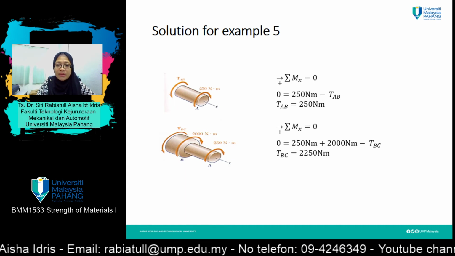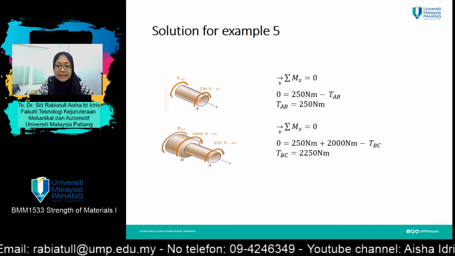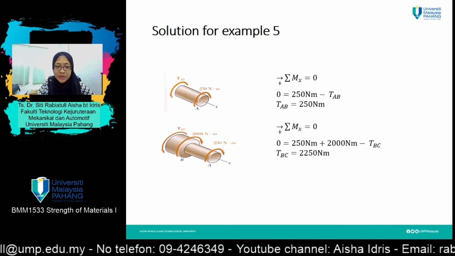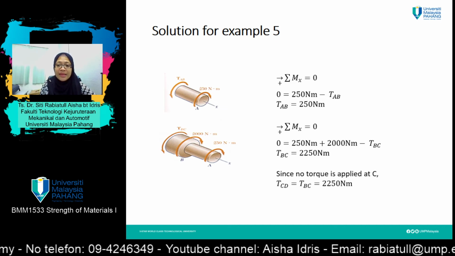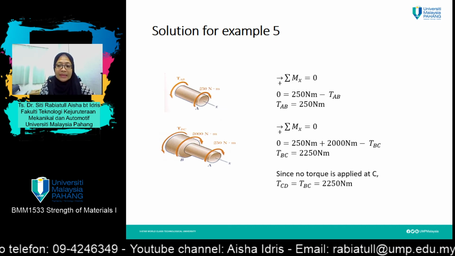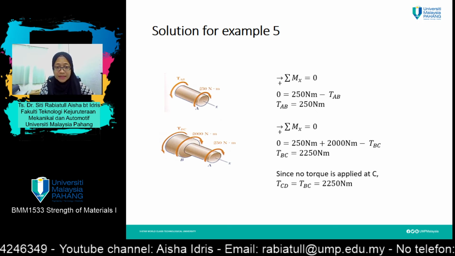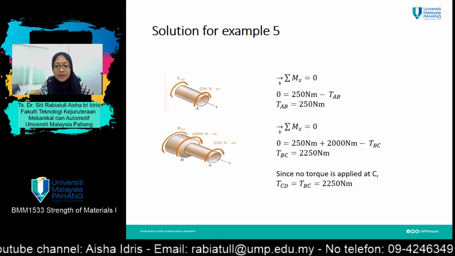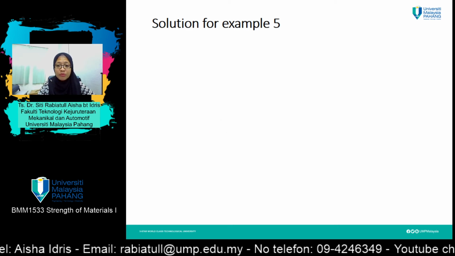From there you get the torque acting on section BC equals 2250 Newton meter. Since no torque is applied at section C, the torque for section CD equals the torque acting on BC, which is 2250 Newton meter.